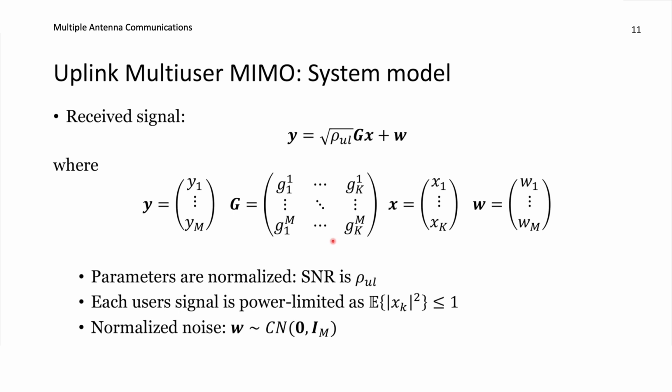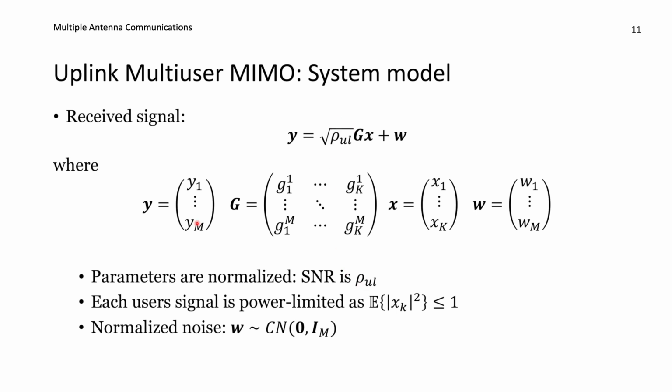And from now on, we will also start normalizing our parameters much more than we've done earlier, because I think now we know how to deal with those types of things. So we will say that we have rho uplink, or UL. This is describing some kind of normalized signal-to-noise ratio, and it's appearing here.